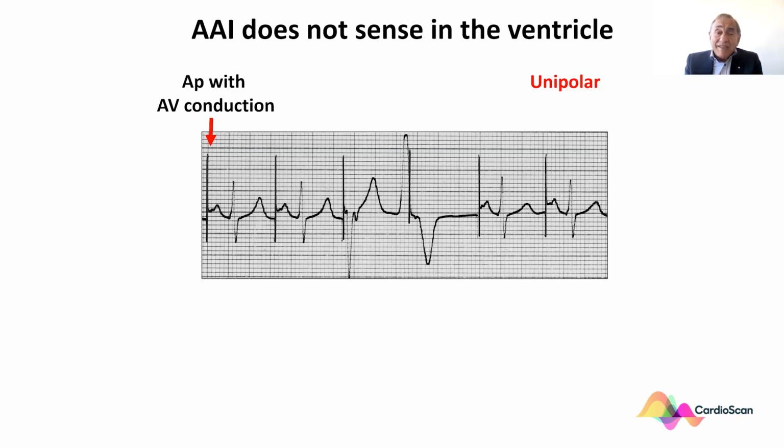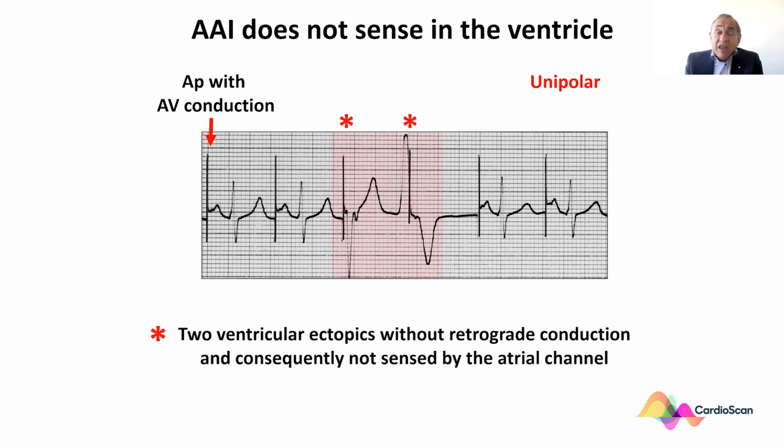One can see atrial pacing with normal AV conduction, and then we have these two spikes going through the ventricular ectopics, and the first thing that one says is they're not sensed, and that's true. They aren't sensed because there is only a lead in the atrium. So we have two ventricular ectopics without retrograde conduction, and consequently they are not sensed by the atrial channel. It's very important to remember that this is not pacemaker malfunction.